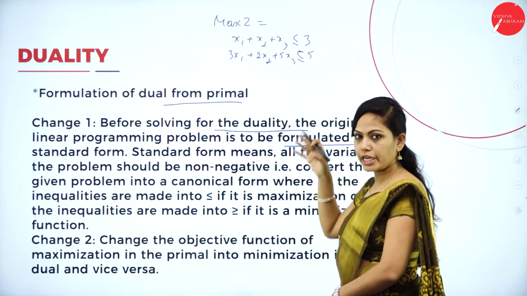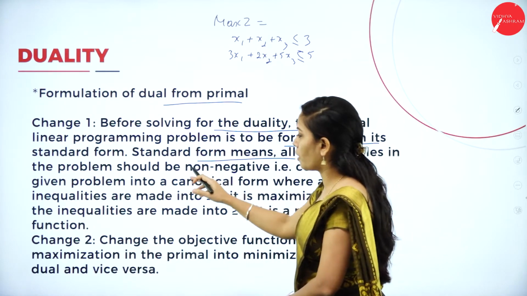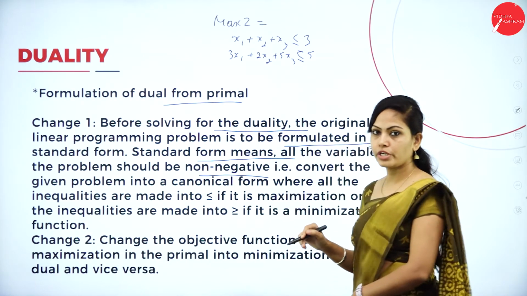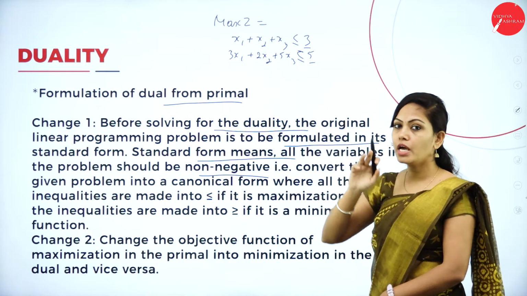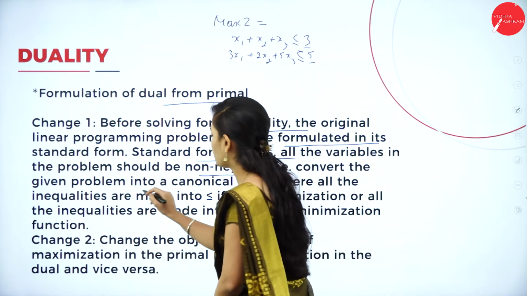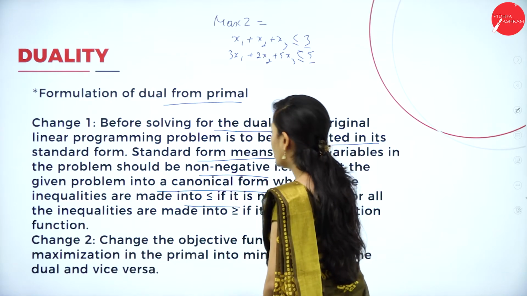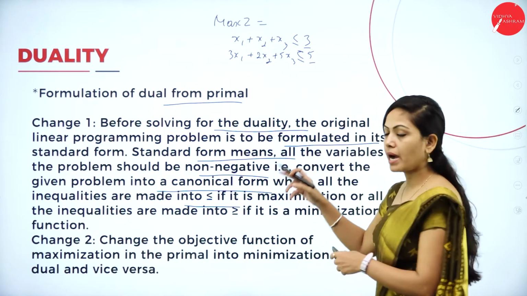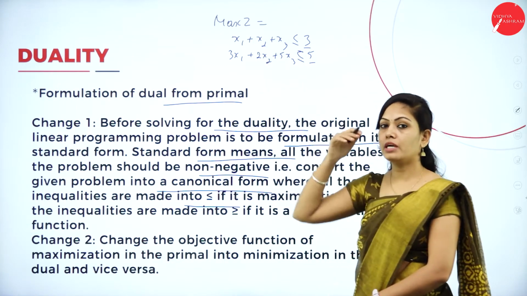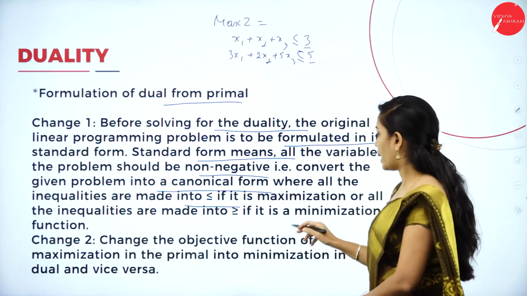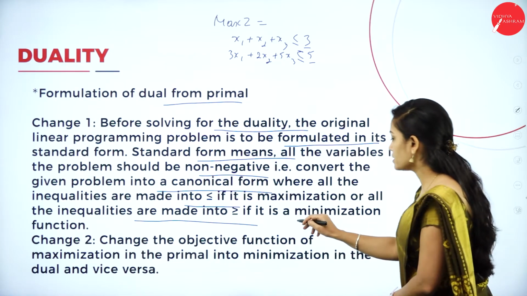You have to convert this into standard form, and standard form means all the variables of the problem should be non-negative. That means all the RHS values should be non-negative, and convert the given problem into canonical form where all the inequalities are made less than or equal to if it is a maximization problem, or all inequalities are made greater than or equal to if it is minimization.